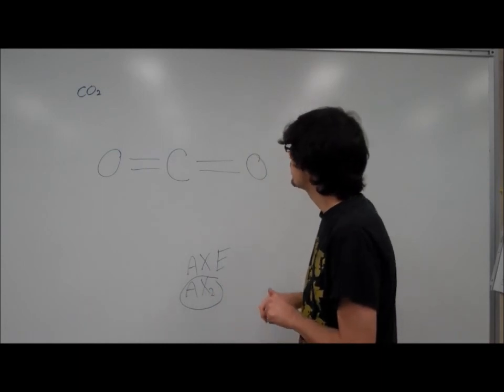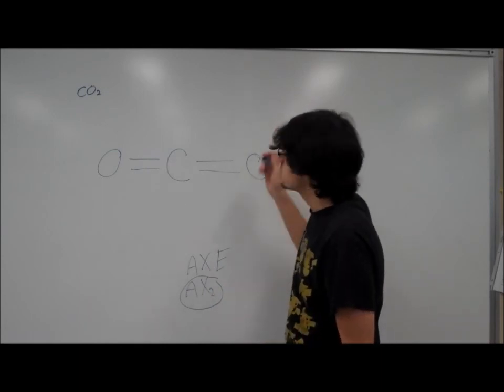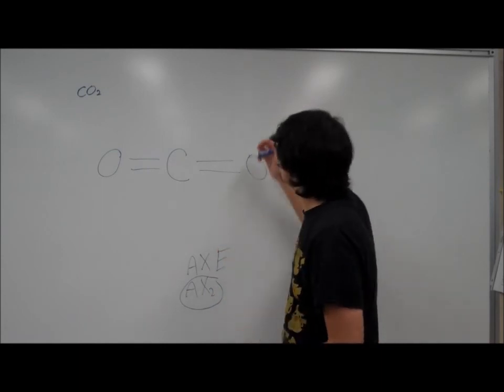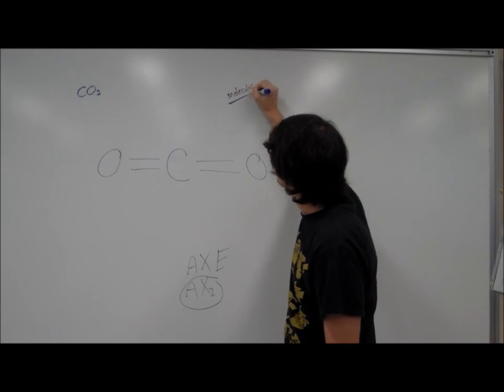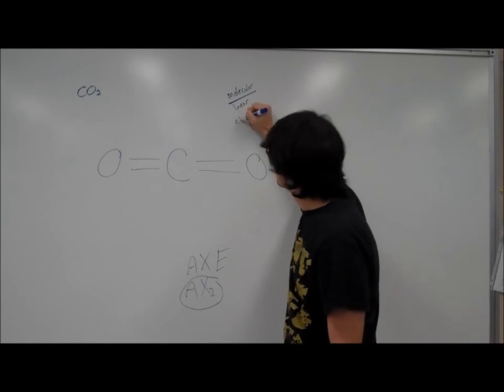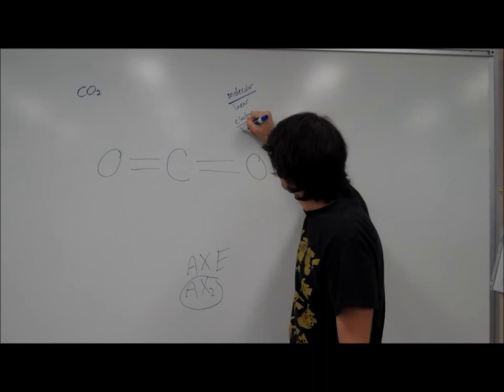Now referring to your chart in the lab manual, we can determine their molecular geometry is linear, and our electron geometry is also linear.